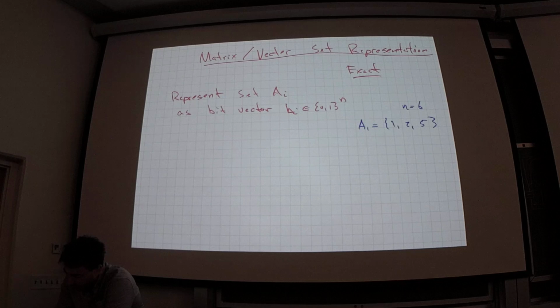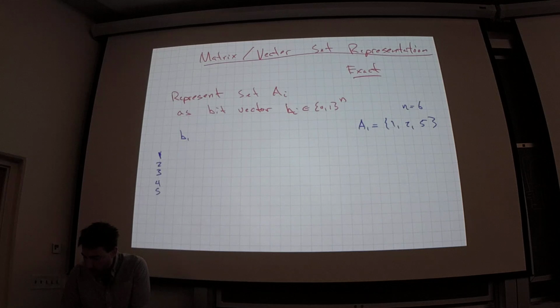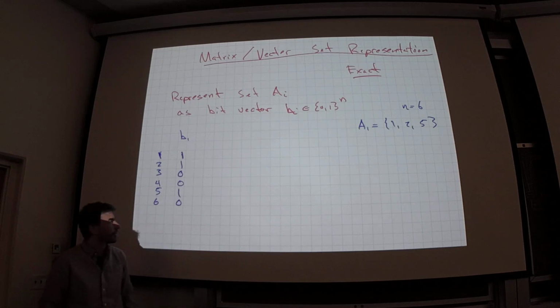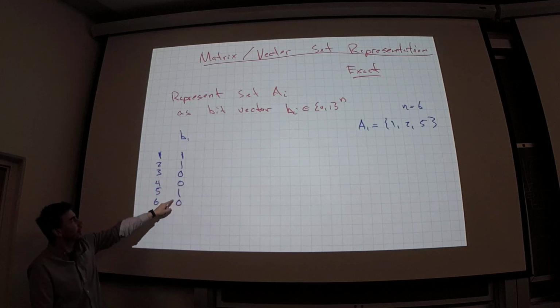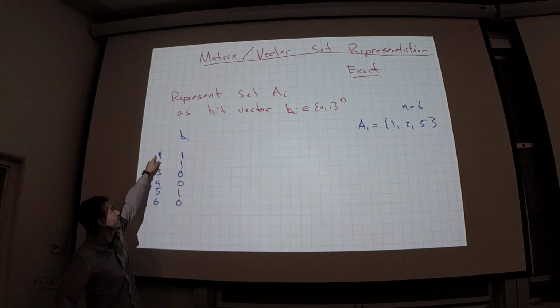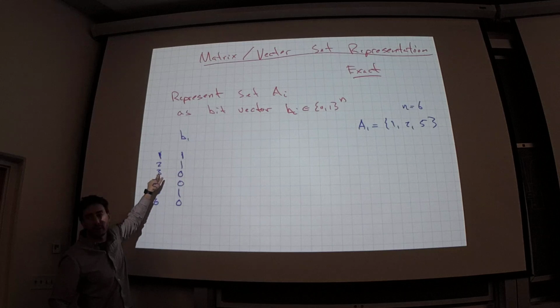Then the bit vector representation B1, which I'm going to write as a column vector over elements 1 through 6, is: contains 1, contains 2, does not contain 3, does not contain 4, contains 5, does not contain 6. So now my set can be represented as this bit vector. There's a 1 if the element is contained, and a 0 if it's not.